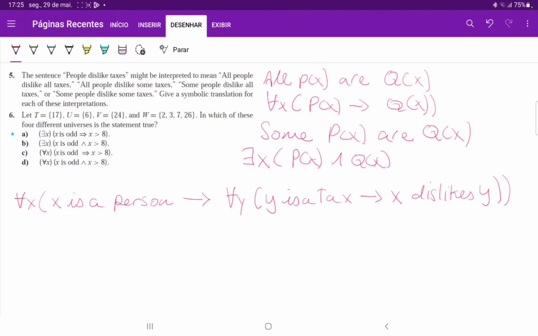Now for the second one, we have all people dislike some taxes. So we're saying for all x, the universal, right? But now we have some taxes.